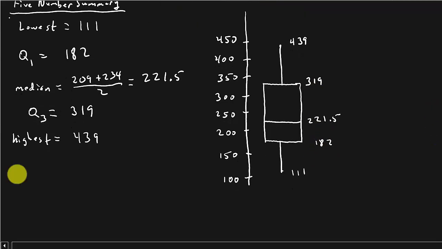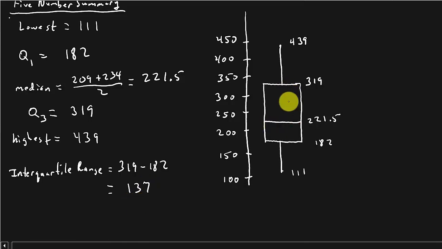Remember, we did that when we did the interquartile range, which in this case is 319 minus 182, and that is 137. So half of the ice cream bars' calories span 137.